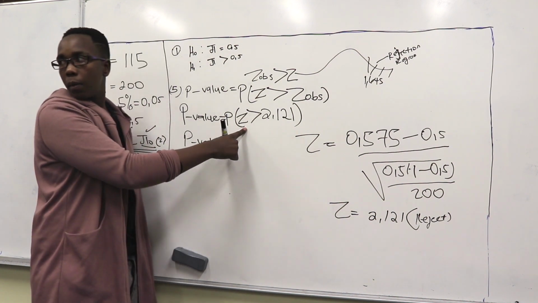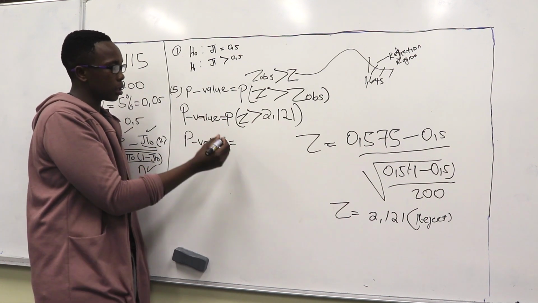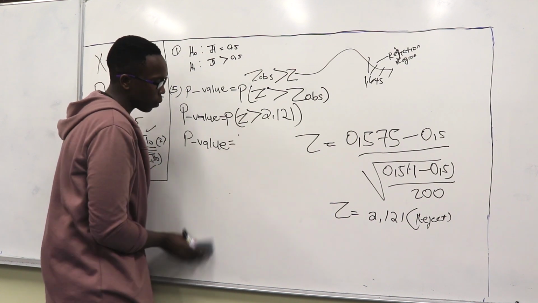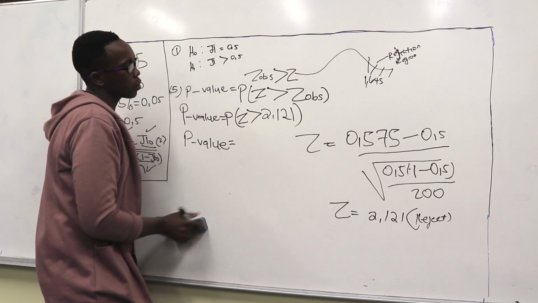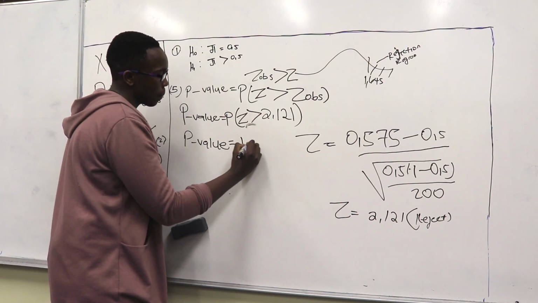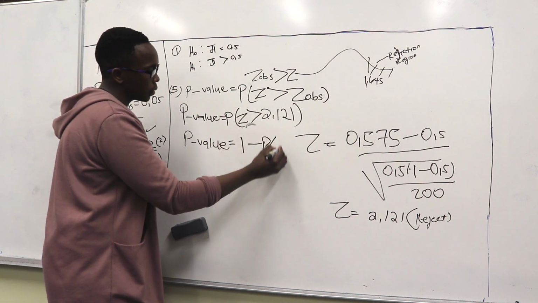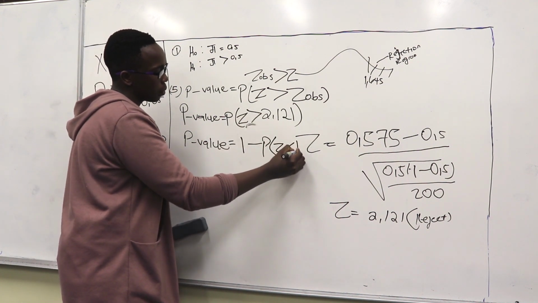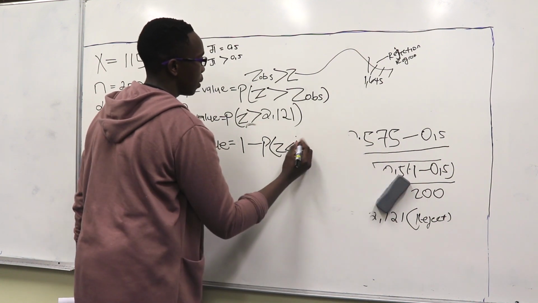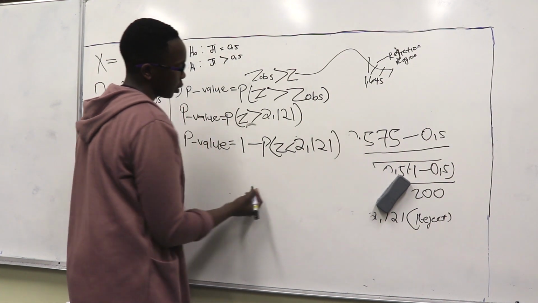Can you please check our Z? Oh, sorry. It's supposed to be less than, right? In the Z table we work with less than. So here we have to convert this to less than. So it will be 1 minus the probability that Z is less than 2.121.